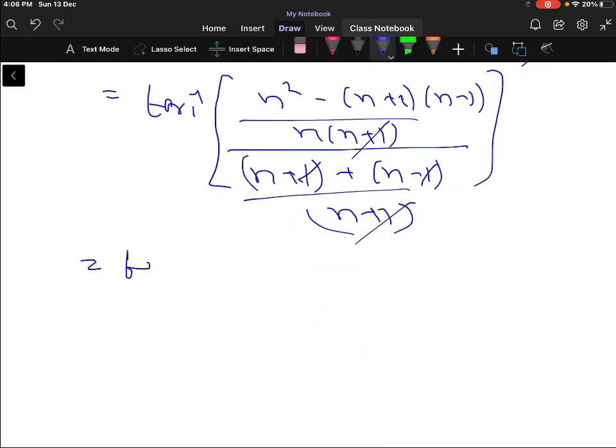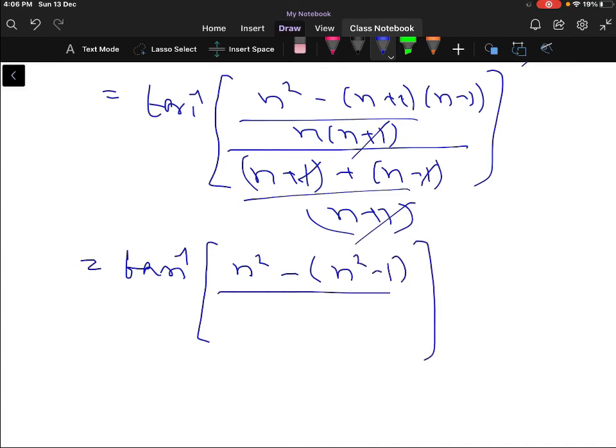So this is equal to tan inverse of n square minus n plus 1 into n minus 1, that is n square minus 1, divided by n here. Anyway, n plus 1 gets cancelled here.